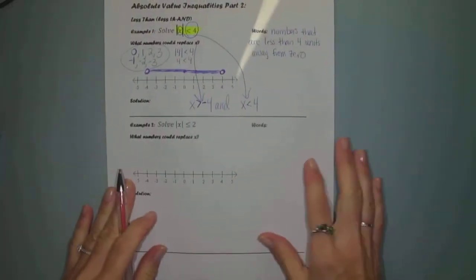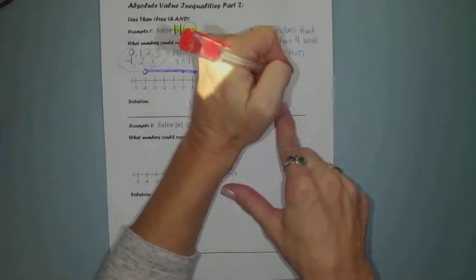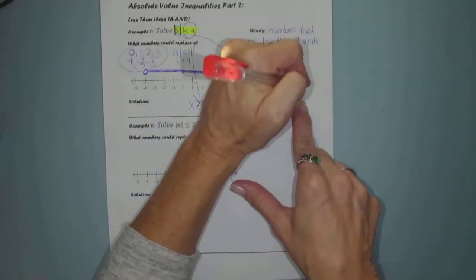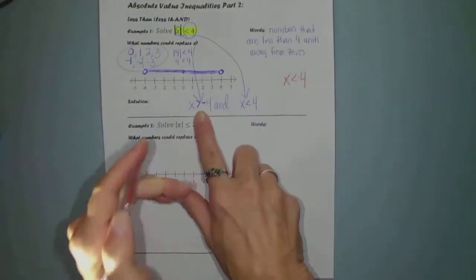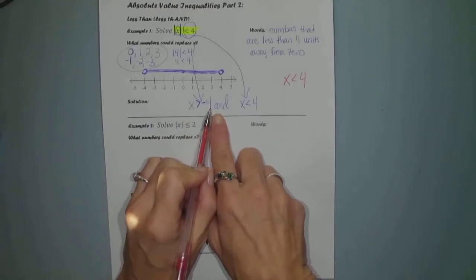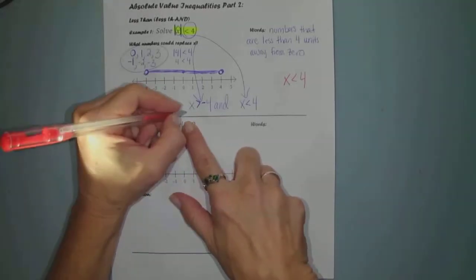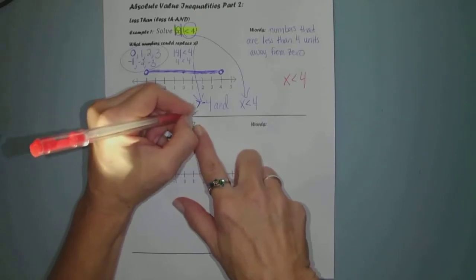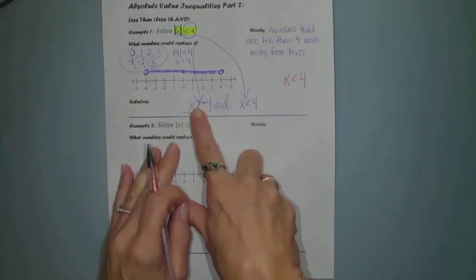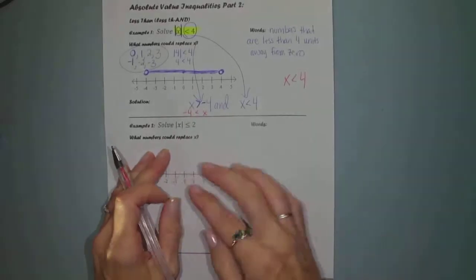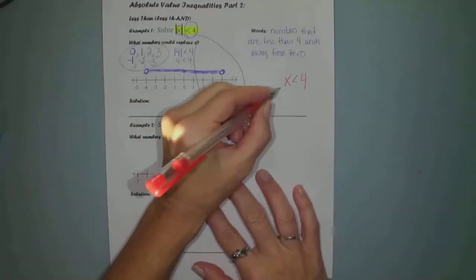So we know that we're going to say x is less than 4. But now, to say that x is greater than negative 4, this part right here, is the same as to say that negative 4 is less than x. See, I flipped this 180. I just took it and flipped it over. And I'm going to click and drag that up here.